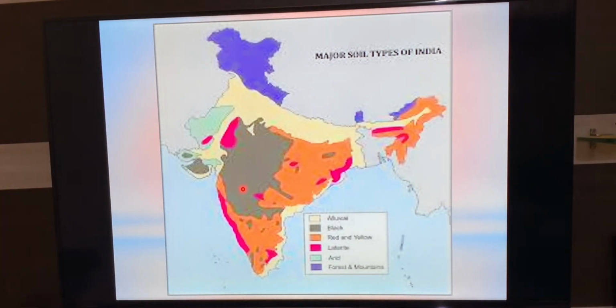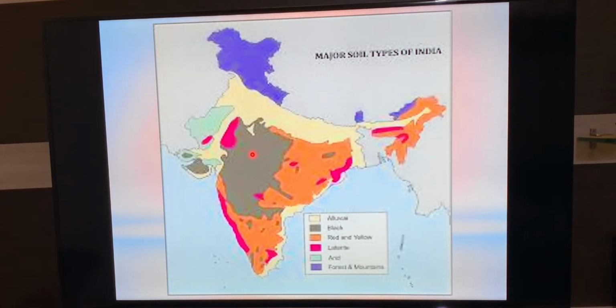Black soil is called regur soil, black cotton soil, Deccan trap. Black soil is mainly used for the cultivation of cotton, so it is called black cotton soil. And you can see in this picture it is mainly located in the Deccan part, so we call it Deccan trap.